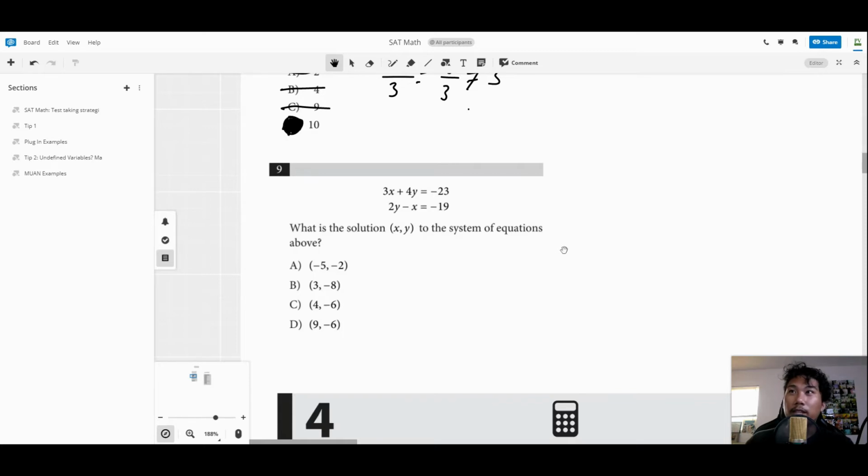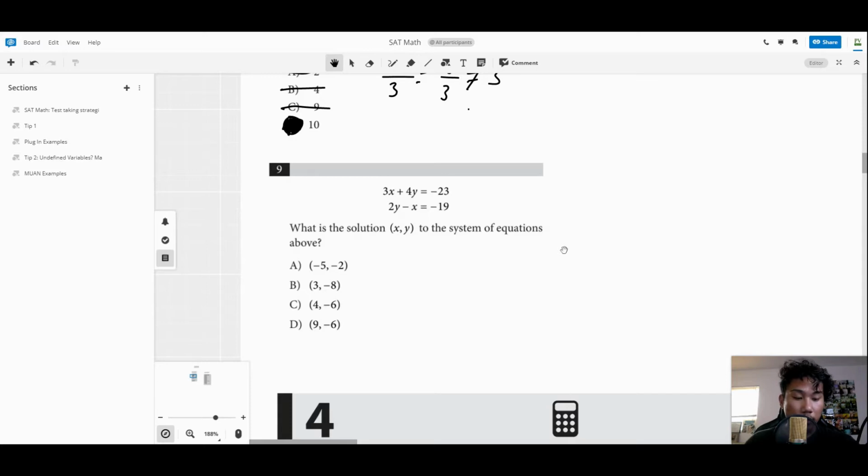So rather than choosing a specific value, I can just start at letter A. So what I'll be doing is substituting this -5 for the x's on both equations and the -2 for the y's on both equations, with the intention of getting -23 and -19 as the end result.